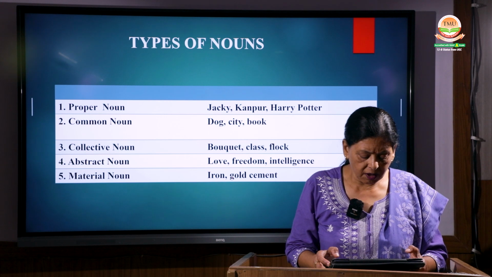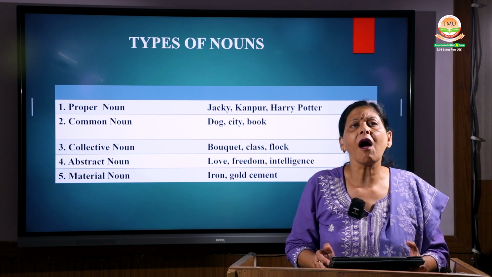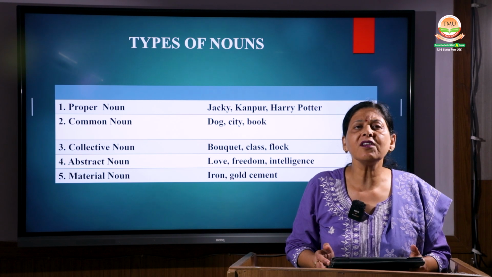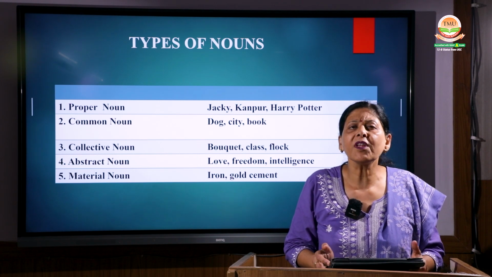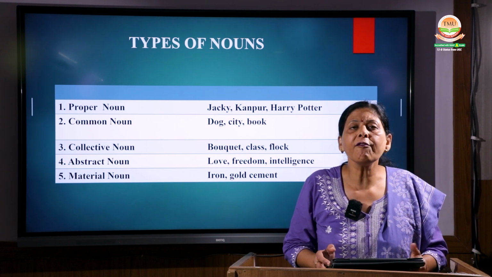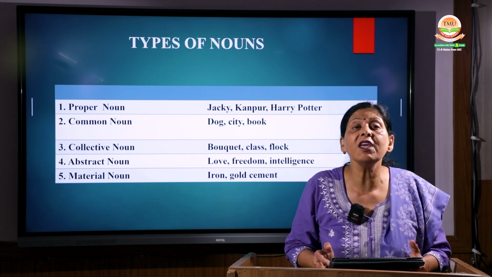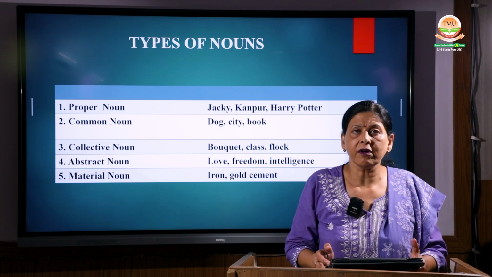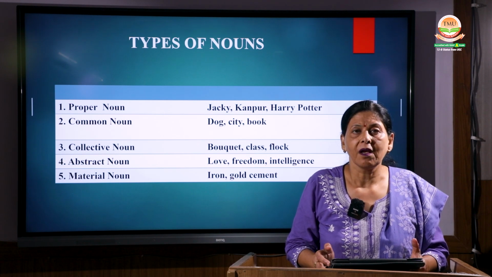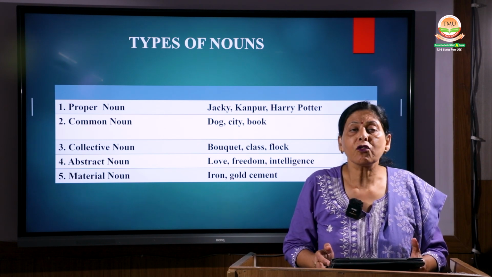Then we come to the fourth part, that is abstract noun. Abstract nouns are something abstract, as the name reflects, something which cannot be touched, something which is away from the material things, something which can only be felt, like love, freedom, emotions, our feelings, our thoughts.